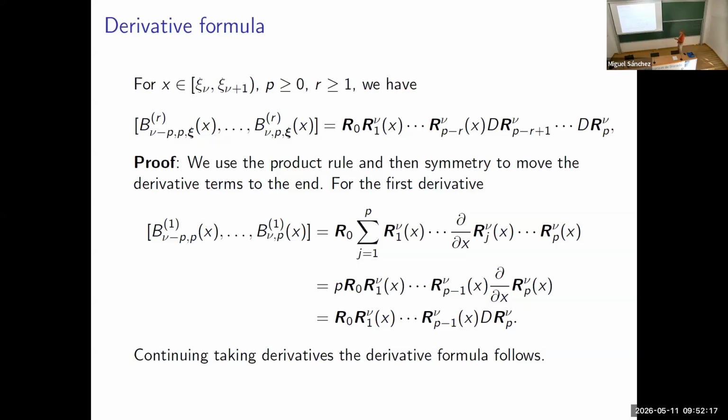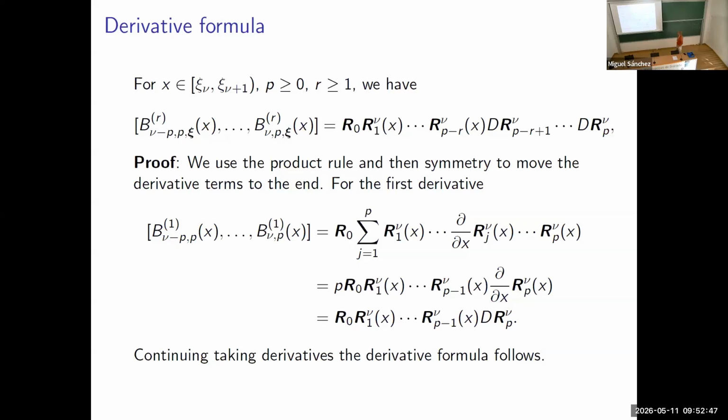So the formula says that you have rth derivatives, you take the first p minus r matrices at x, and then for the remaining r B-spline matrices, you use the derivative matrices like that. So this is a formula for any derivative of those B-splines.